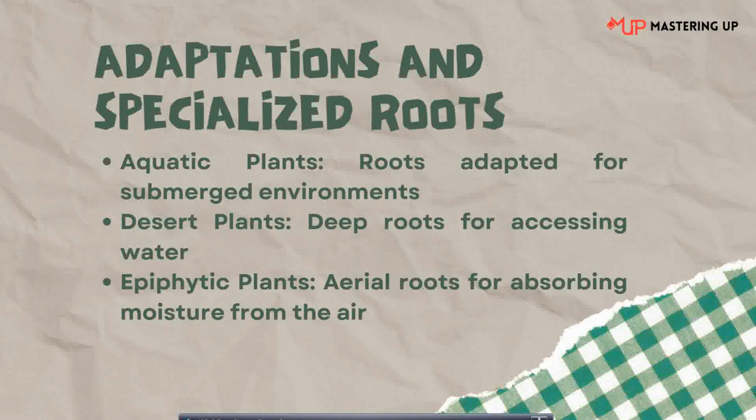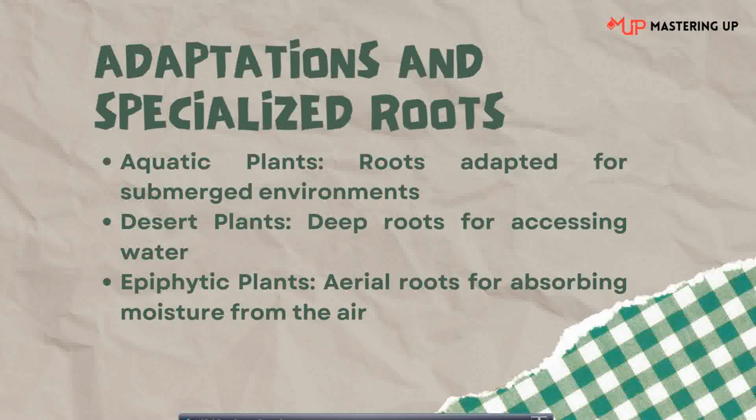For aquatic plants, roots are adapted for submerged environments, so that they can perform their functions in a submerged environment. Desert plants have deep roots. Desert plants like cactus have a deep root system so that they can take up water and minerals from the deeper portion of the earth. Epiphytic plants have aerial roots for absorbing moisture from the air.